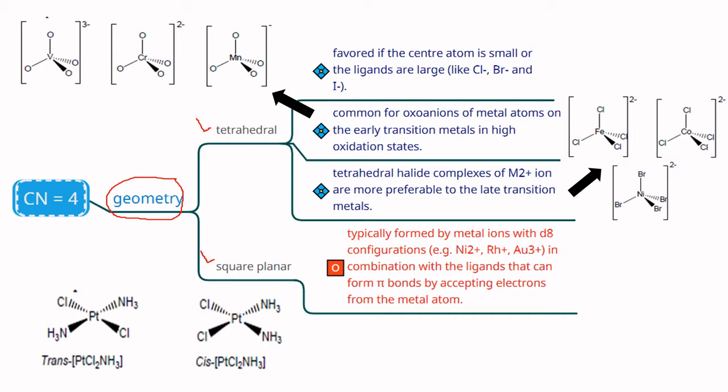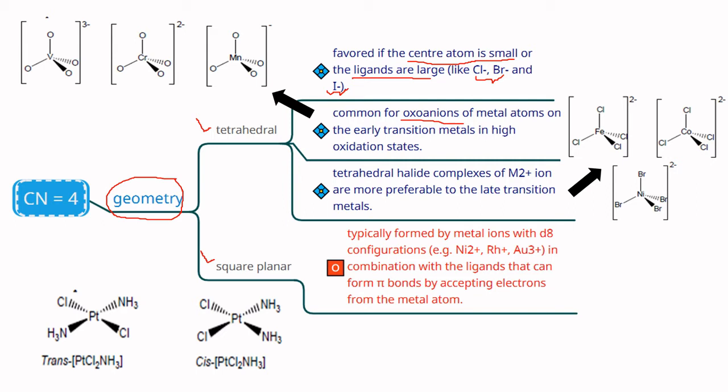Rule number 1: tetrahedral geometry is favored if the central atom is small or the ligands are large, for example chloride, bromide, and iodide. The second rule: it is common for oxo anions of metal atoms of the early transition metals in higher oxidation state.